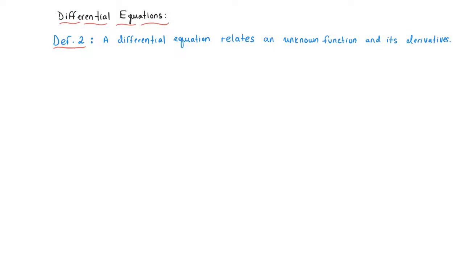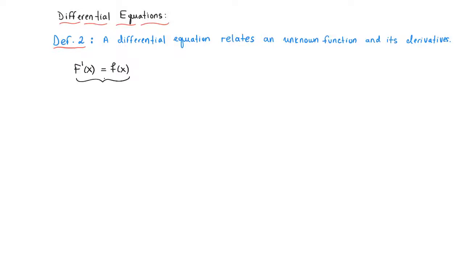We have been working all along with the simplest differential equation. Whenever you're given a little f of x and you find an antiderivative, so that big F of x, the derivative of big F of x is equal to f of x, you have a differential equation. This is a simple example of a differential equation.